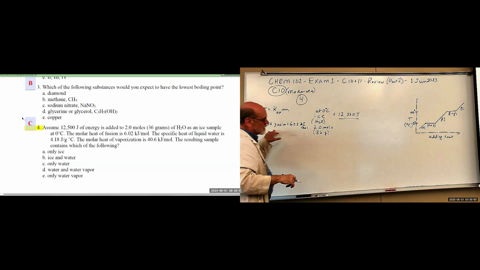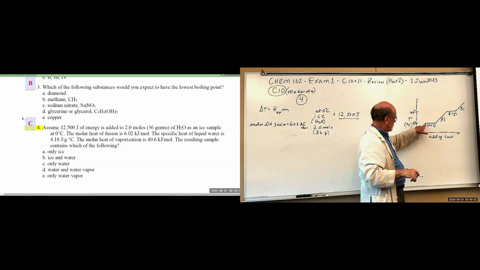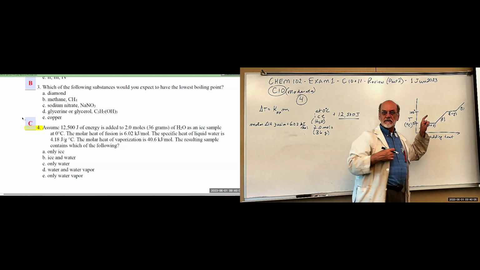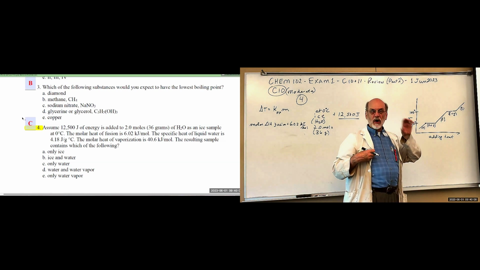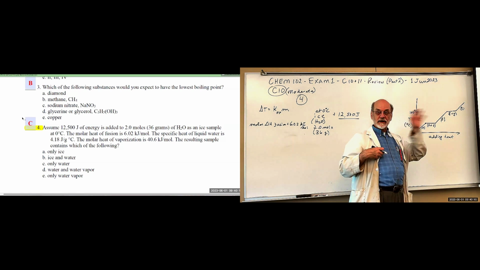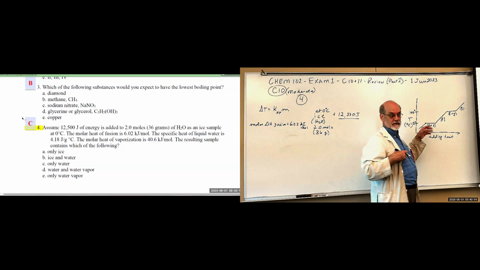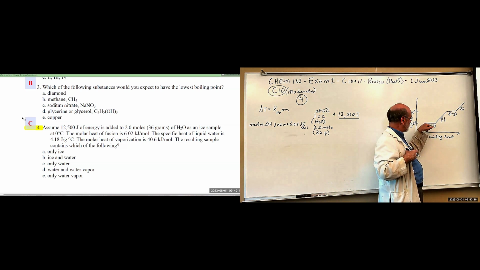What that means is when we're at this point, how much energy does it take to change a mole of solid into a liquid of the compound or the substance? Well, it takes that much energy to go from here to here.